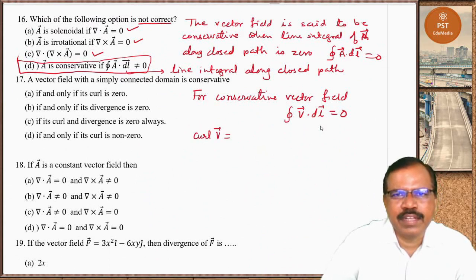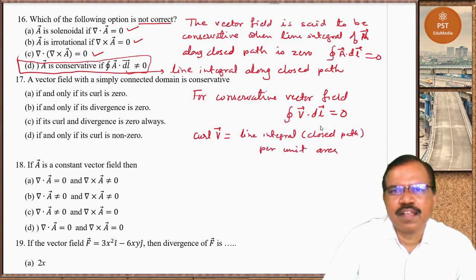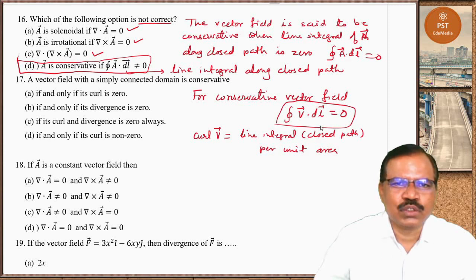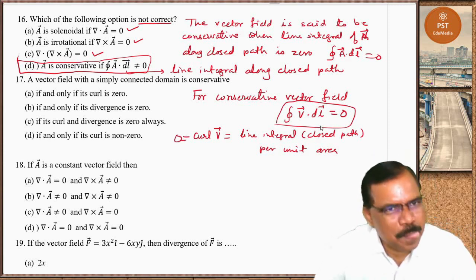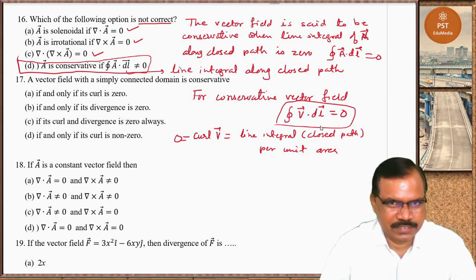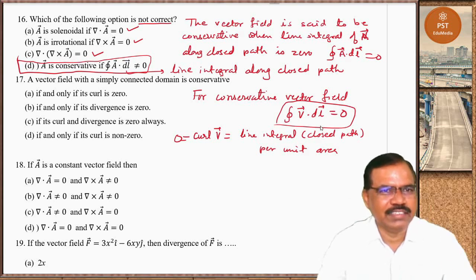Curl of V is the line integral along a closed path per unit area. Now, if the field is conservative, the integration is 0, so the curl is also 0. But you cannot say anything about divergence. Divergence may be 0 or may not be 0. But curl is definitely 0.